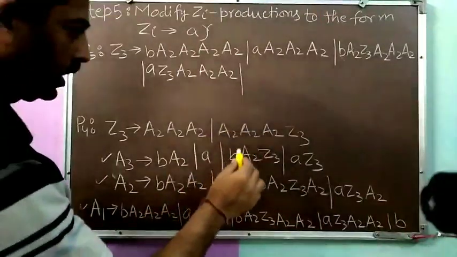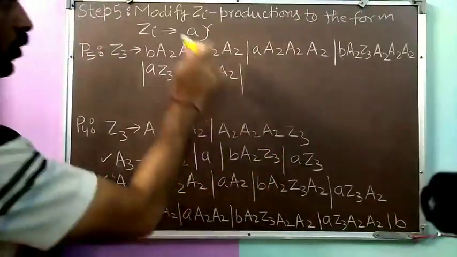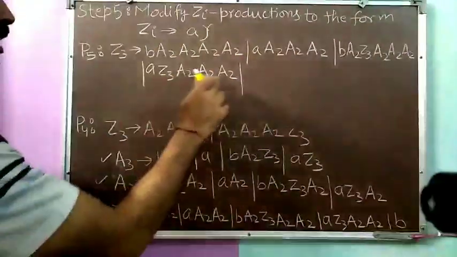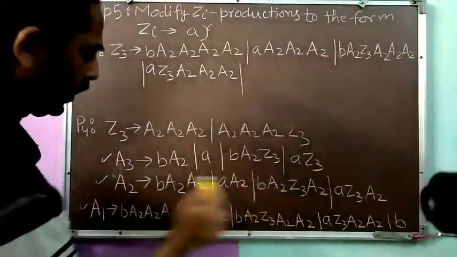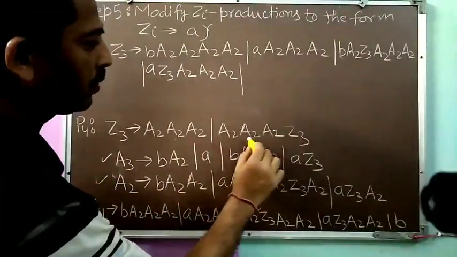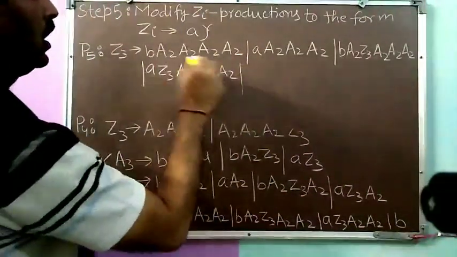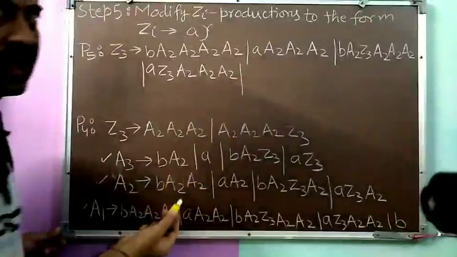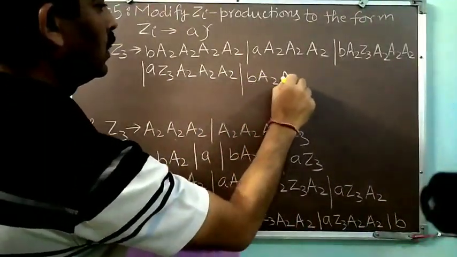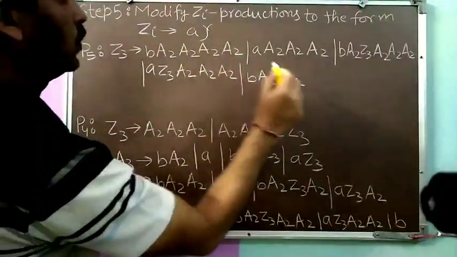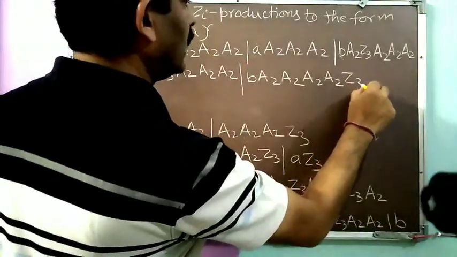Whatever productions we have got here, we simply add Z3 to them, or we may put the value of A2 from here and append A2, A2, Z3; we get the same result. So let us do it: B, A2, A2, A2, A2, A2 and Z3.